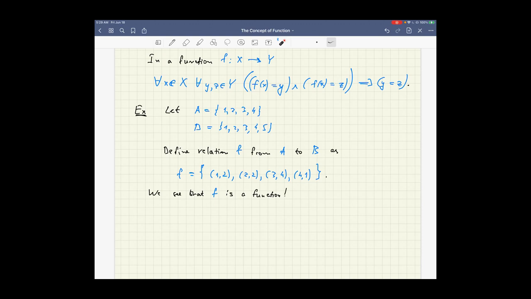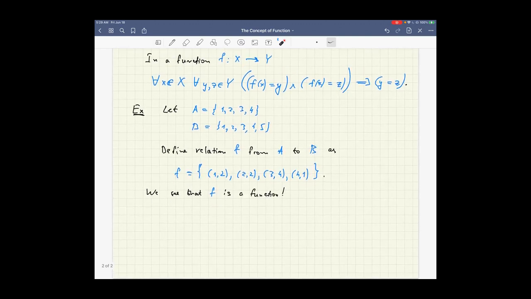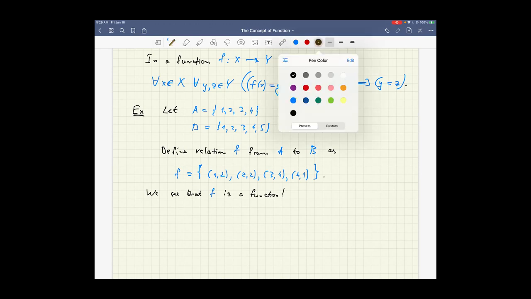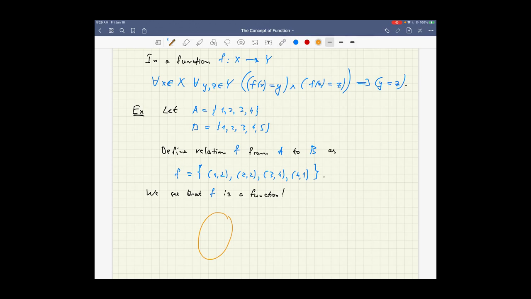We can visualize this graphically using sets. So that is set A. It has elements 1, 2, 3, and 4. And that is set B. It has elements 1, 2, 3, 4, and 5.